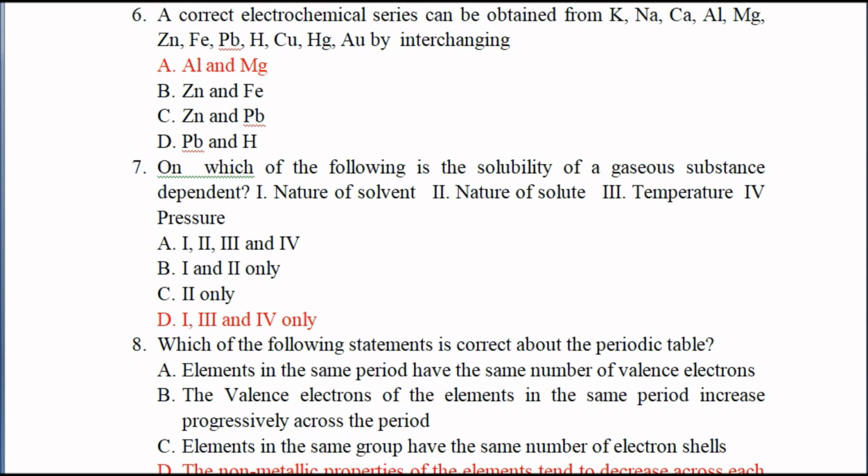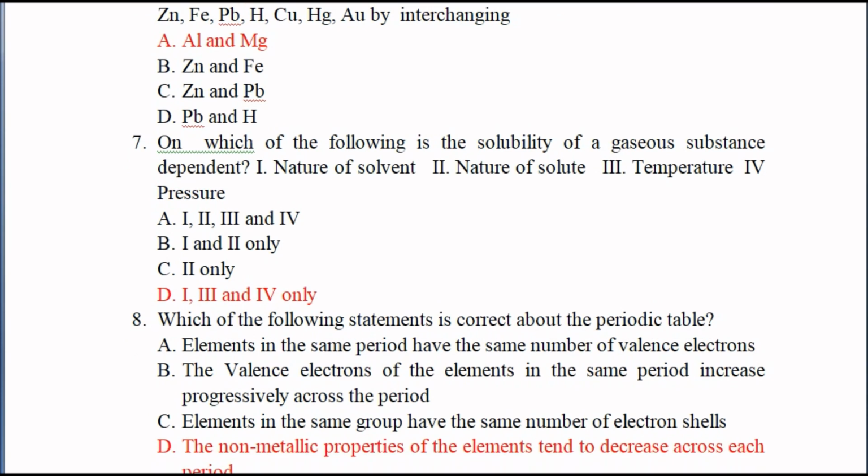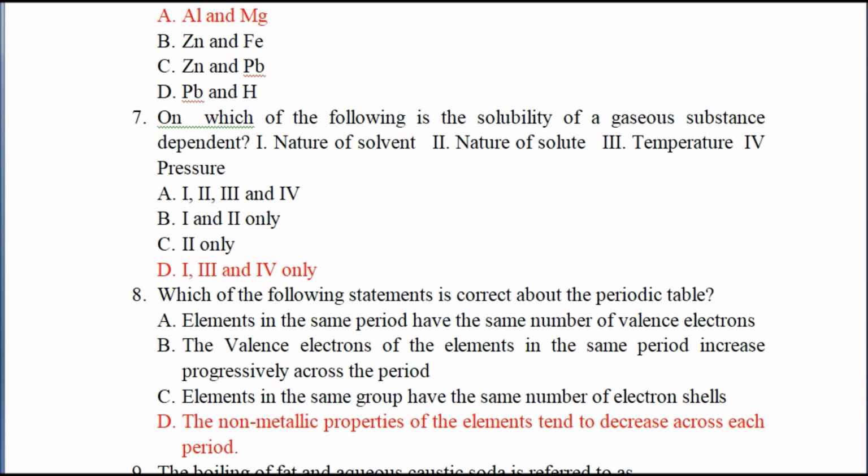C. Elements in the same group have the same number of electron shells. D. The non-metallic properties of the elements tend to decrease across each period. So the answer is that the non-metallic properties of the elements tend to decrease across each period.